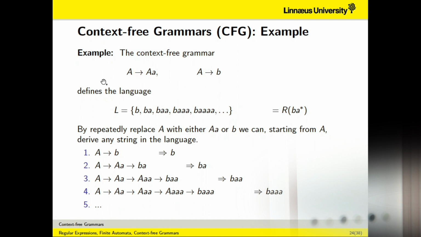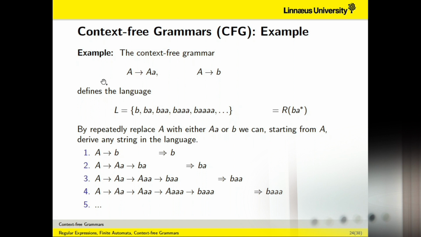So for example, here we have a context-free grammar with two production rules. The first rule says A can be replaced with capital A and small a. Here the capital A is a non-terminal, a helping symbol, and the small a is a terminal, like the alphabet.